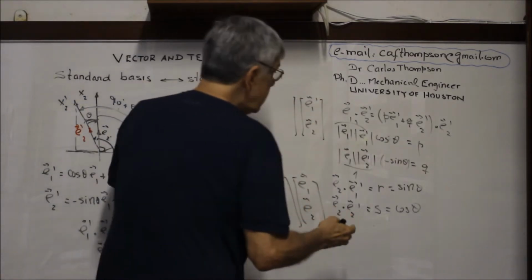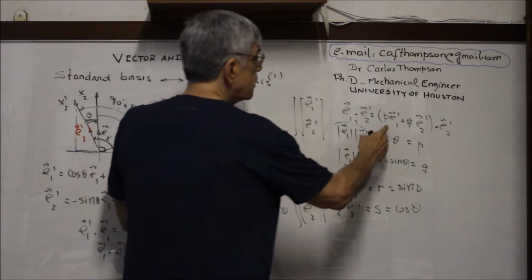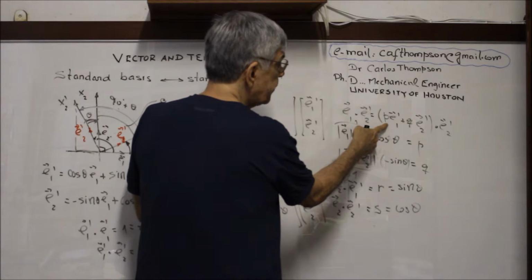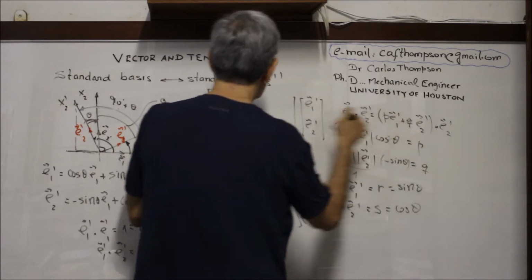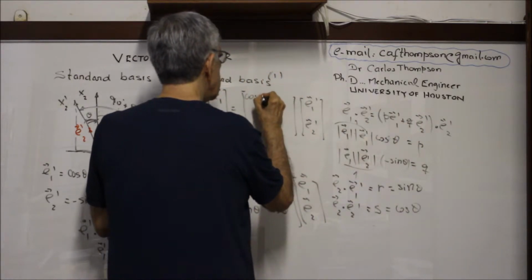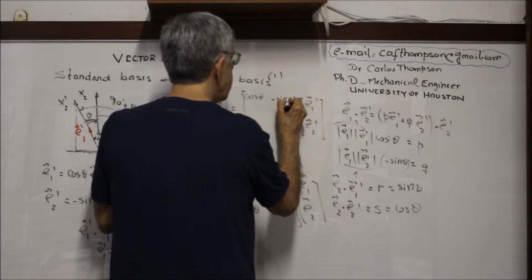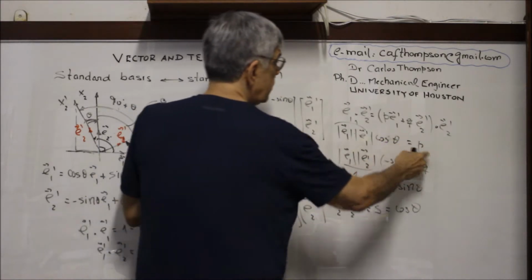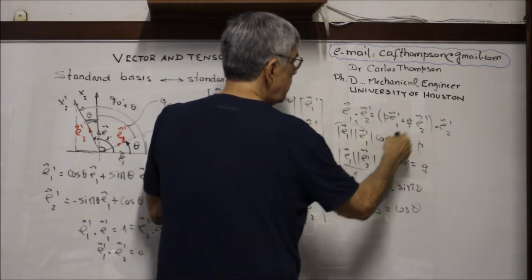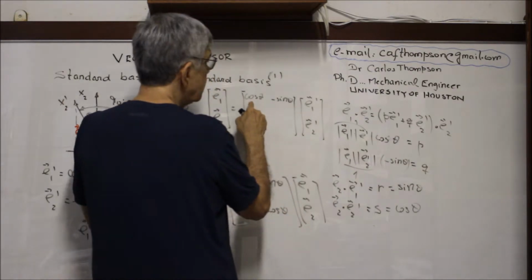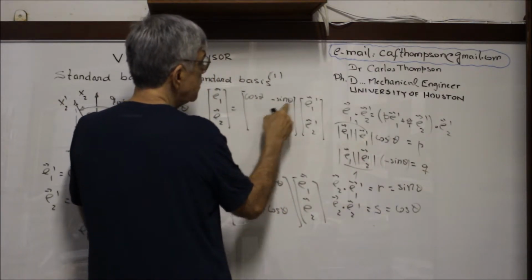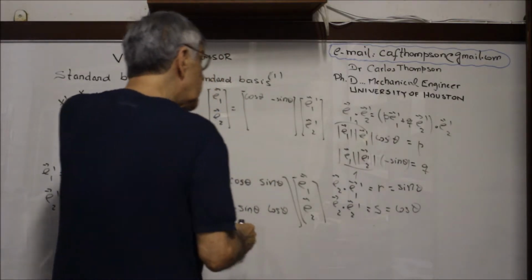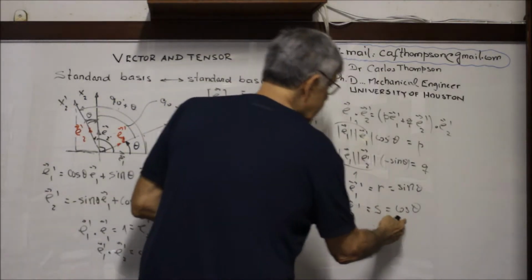P is cosine of theta, and Q is minus sine of theta. So the first row is cosine and minus sine. Now let's go to the second row, which is R and S.